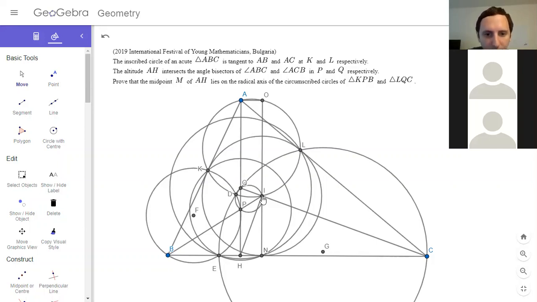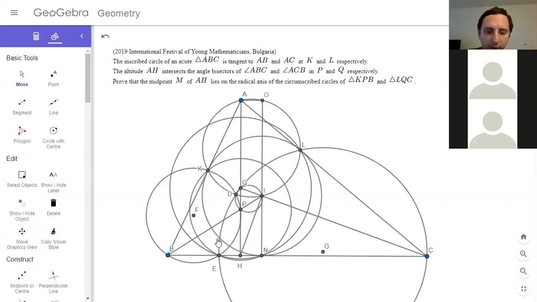Yeah, I think we can define E from N or N from E so that QLCE is cyclic. So we actually still haven't proven yet that these circles meet on BC, right?